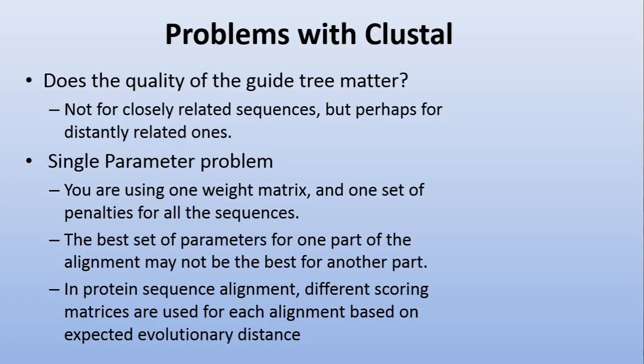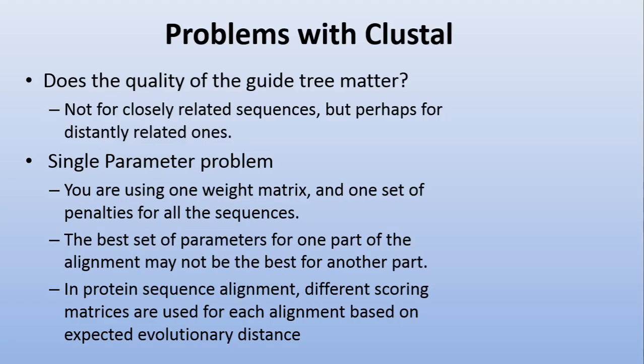Most of the time, if the sequences are closely related to each other, the quality of the guide tree won't make much difference. But if the sequences are very distantly related and very divergent, then of course the quality of the guide tree might affect the quality of your multiple sequence alignment.